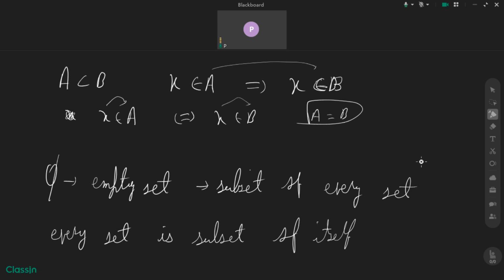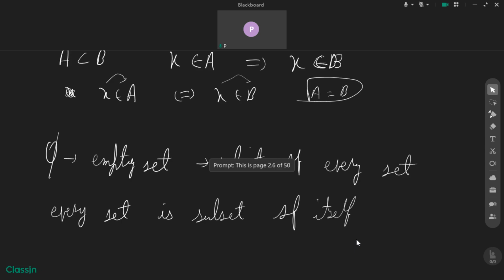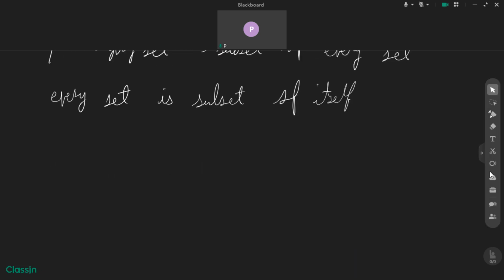And after subsets, now we'll go for some properties of subsets in number systems. Let us say N is the set of natural numbers, Z is the set of integers, Q is the set of rational numbers, while R is the set of all real numbers.